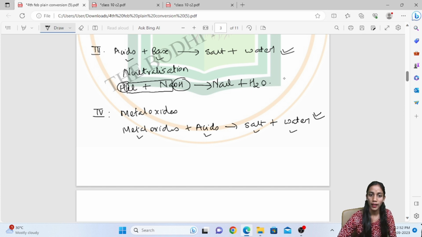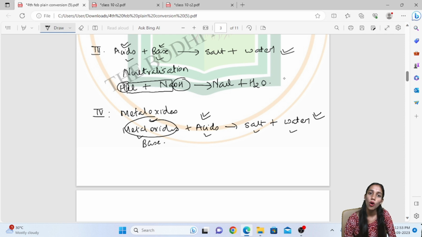And there was acid. So on the reactant side there was acid as one reactant, and the second reactant over here was a base and over here was metal oxides. So what does this conclude? That the metal oxides were actually acting as a base.